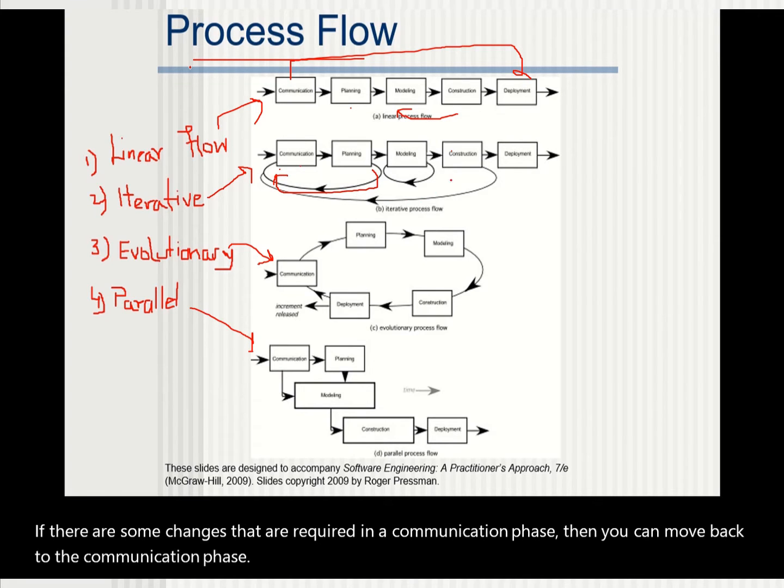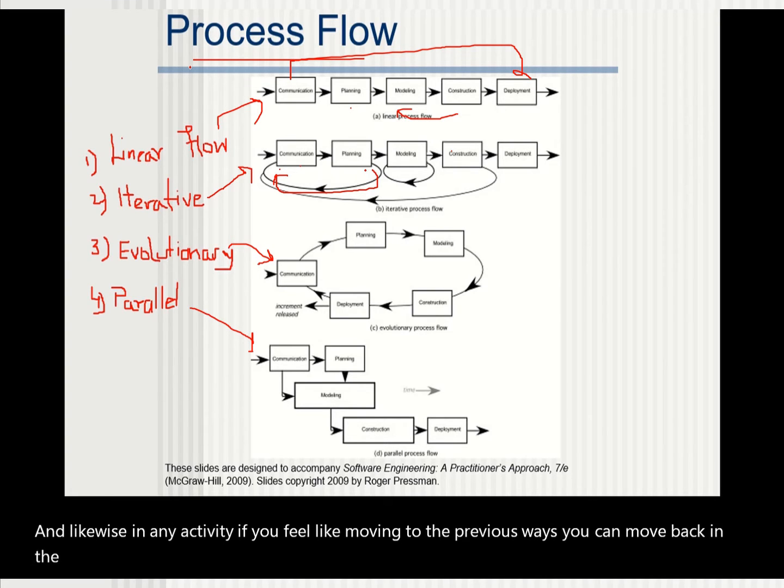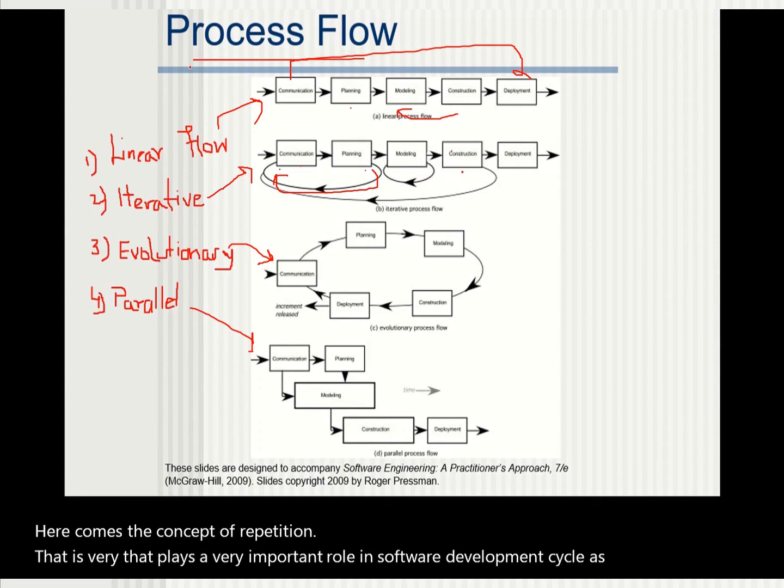And likewise, in any activity, if you feel like moving to the previous phase, you can move back in the iterative flow. Here comes the concept of repetition that plays a very important role in the software development cycle as the requirements keep on changing.